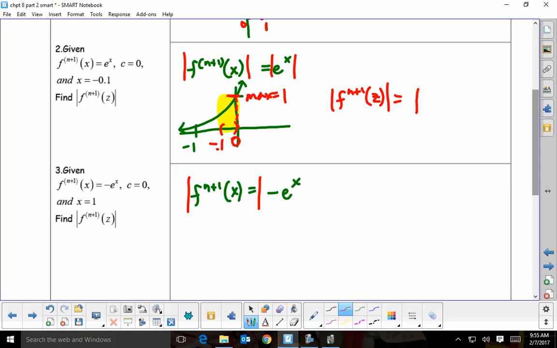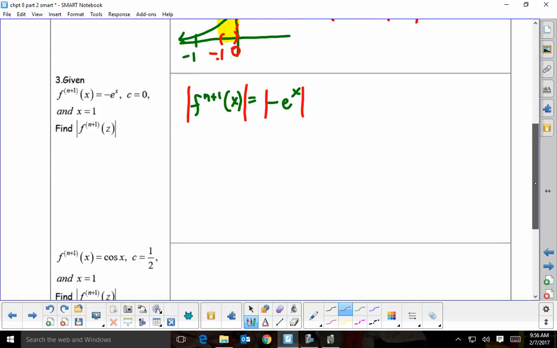So what happens here? The negative e to the x actually gets flipped up. Okay, so I'm basically just back to e to the x. And we are looking between 0 and 1.